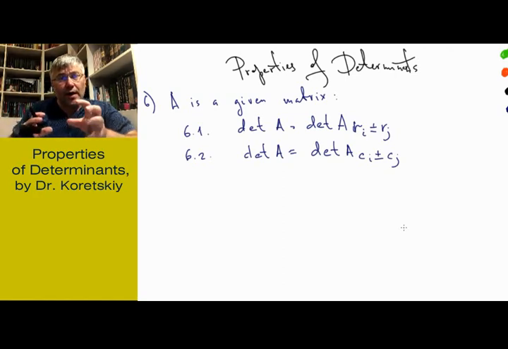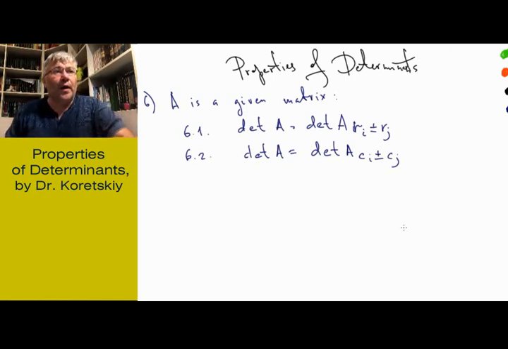If you add to or take away from the entries of the matrix located in column I the elements of column J, the determinant of such a matrix doesn't change.